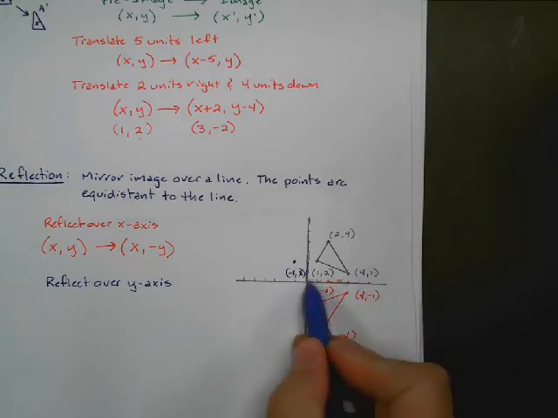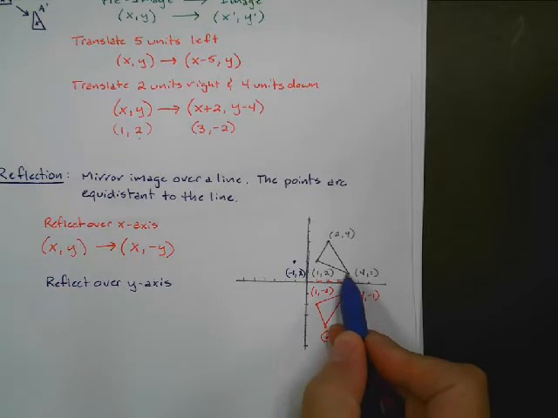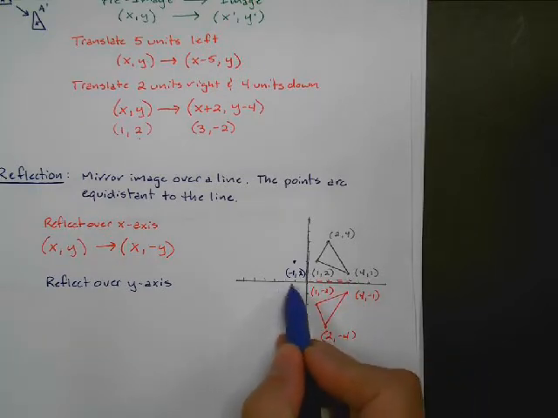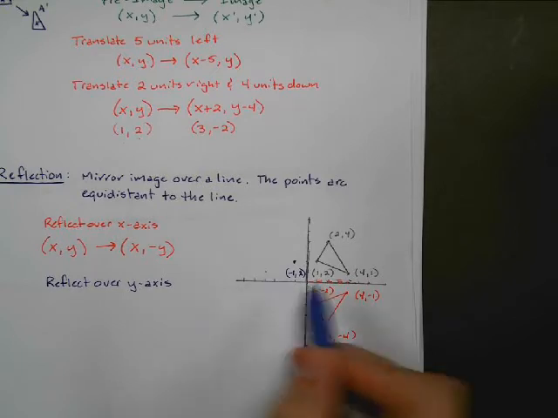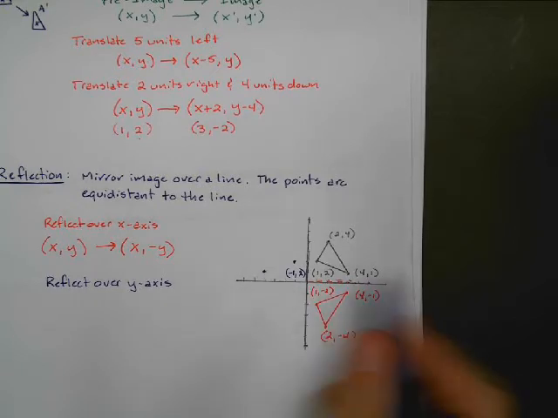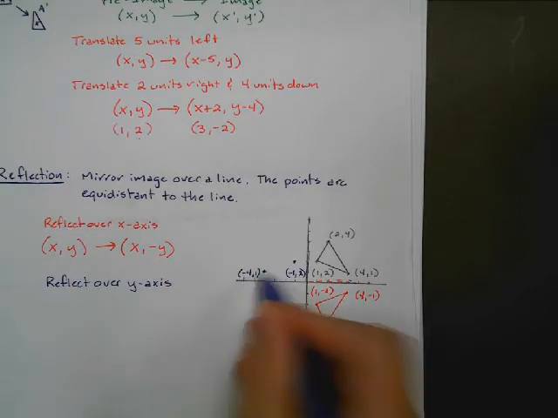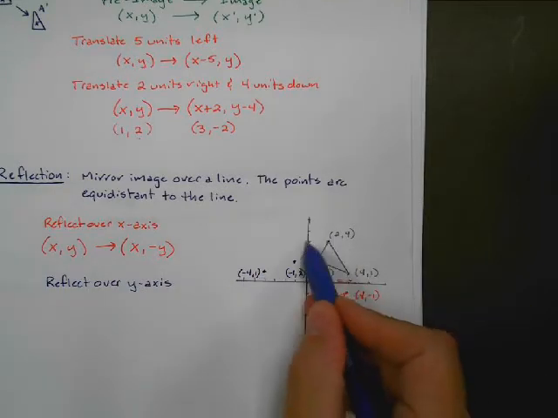All right, this point is at 4, 1. So it's 4 units away from that line. So I'm going to go 4 units away on the other side of the line. So that would be the point negative 4, 1. And then over here, this is 2 units away.